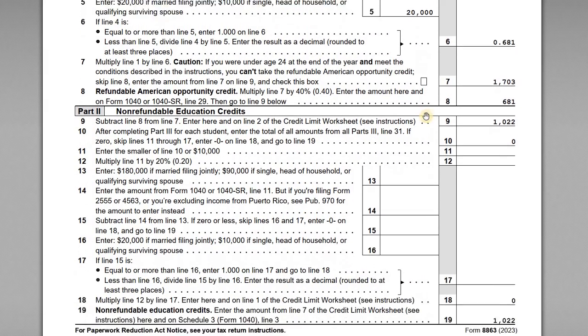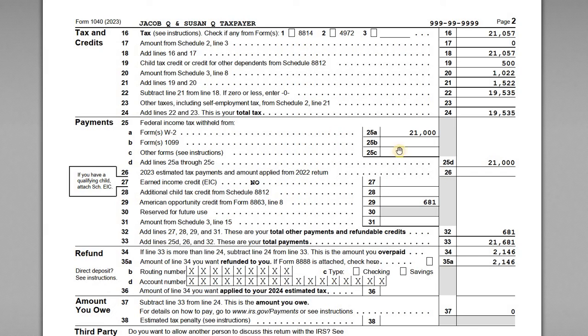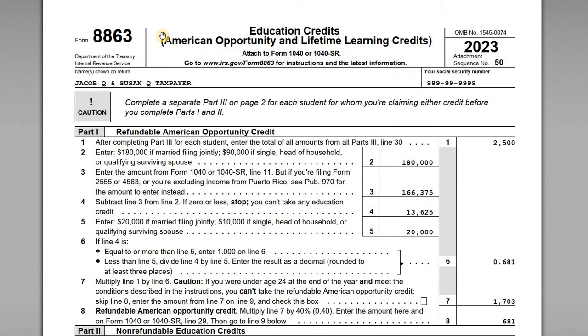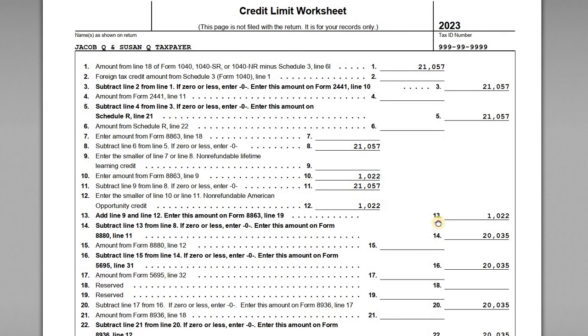Now, the credit limit worksheet is testing the non-refundable credit against how much tax we actually have. So first, if we look at page 2 of our 1040, the amount of tax that we have available to offset is $21,057, okay? So if we look at our credit limit worksheet here, the $21,057 is our starting point from line 18 of the 1040.